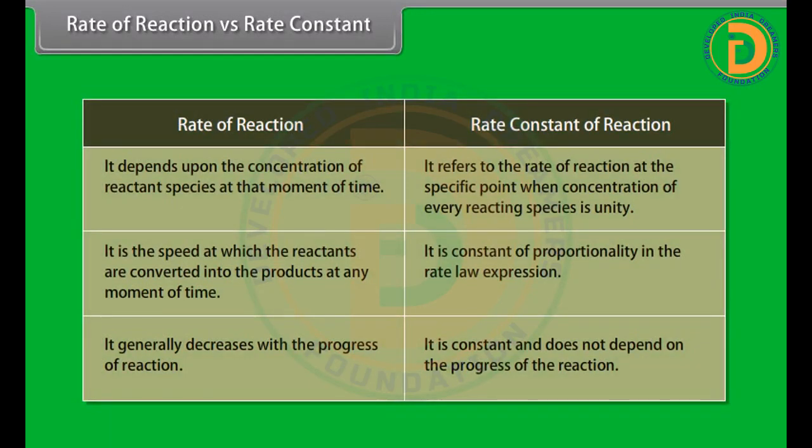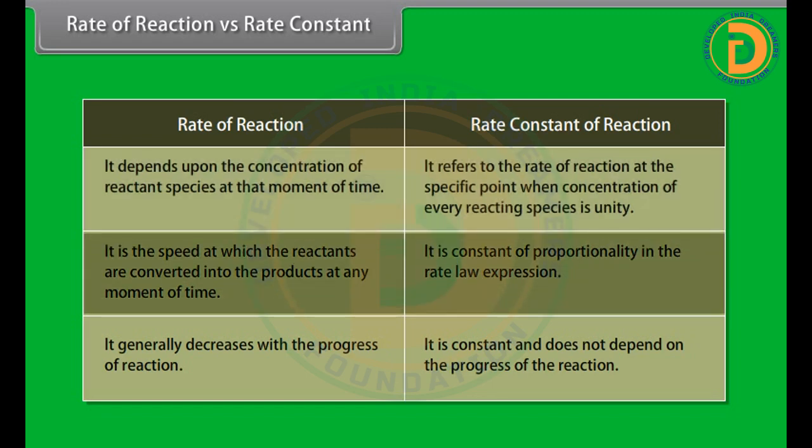Rate of reaction versus rate constant. The important differences between the rate of the reaction and rate constant of the reaction are: rate of reaction depends upon the concentration of reactant species at that moment of time, while rate constant refers to the rate of reaction at the specific point when the concentration of every reacting species is unity.